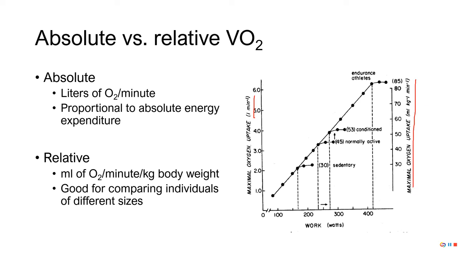I believe I'm probably the largest person or close to being one of the largest people in class. And just by that fact alone, I'm going to use more oxygen than anybody, regardless of my fitness. And so if we want to know who's truly the best aerobic athlete, then we need to have a way to standardize it. Okay. And so we do that by dividing our VO2 by body weight.